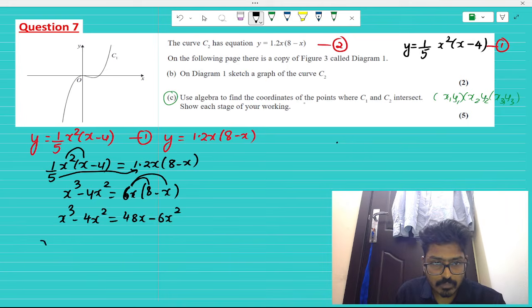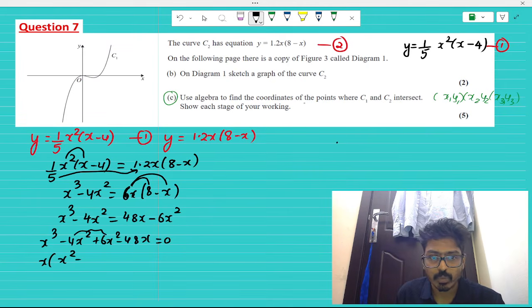Now let me solve this algebraic equation really quick. So 4x squared plus 6x squared and then negative 48x is equivalent to 0. Take x common, then we'll get x squared minus, if you solve this, this will be 2x squared, so that will be plus 2x squared minus 48 is equivalent to 0.